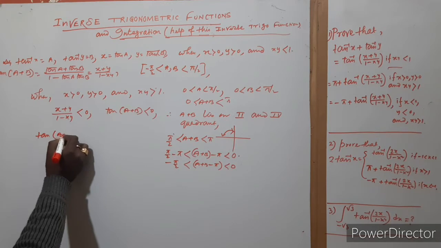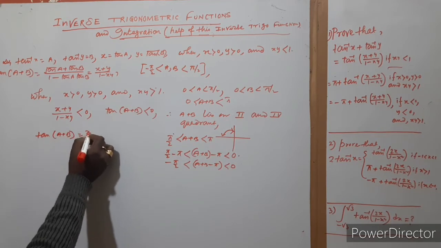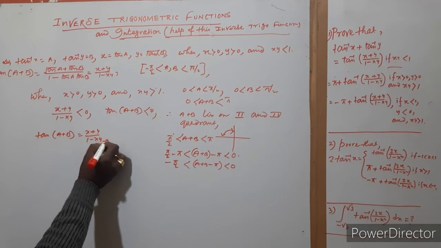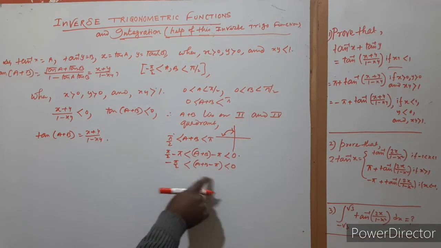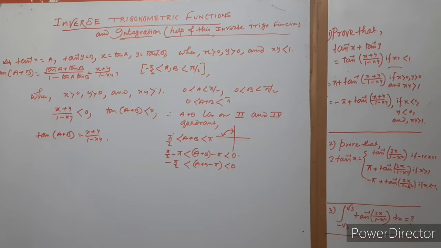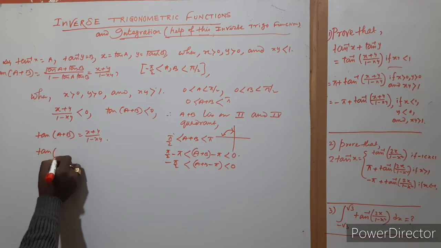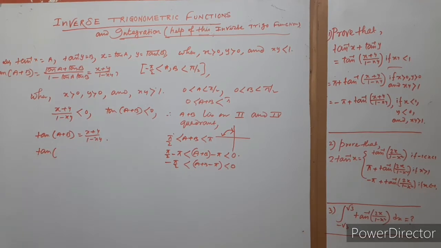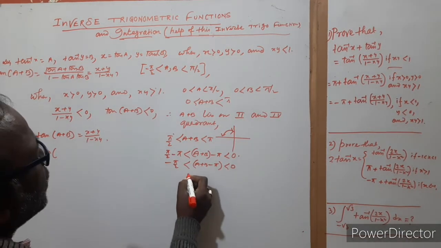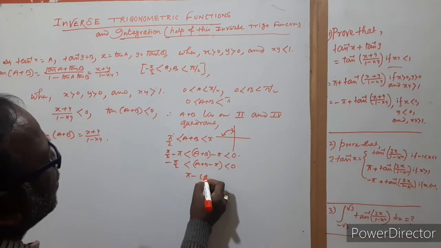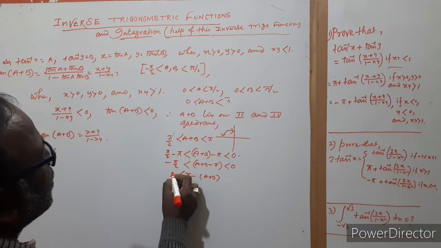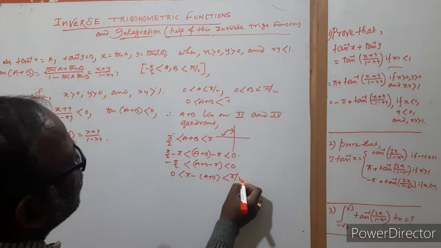so now a plus b is equal to x plus y by 1 minus xy. Now see, here we have to write, doing pi minus (a plus b) within the bracket, then this is 0 to pi by 2.